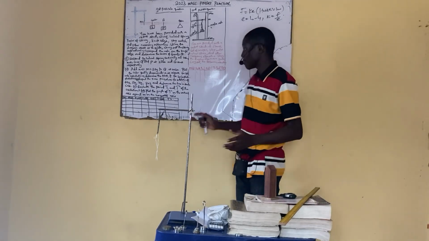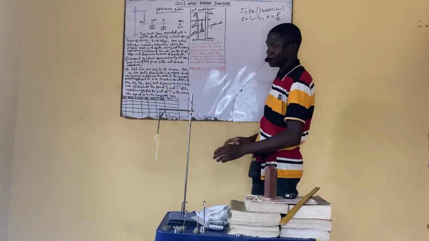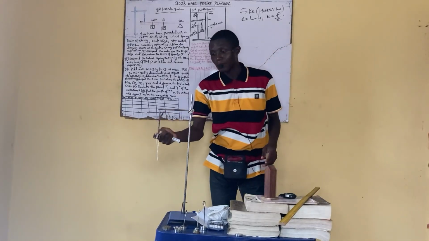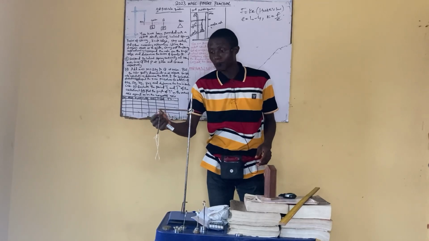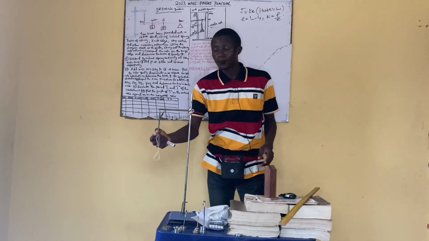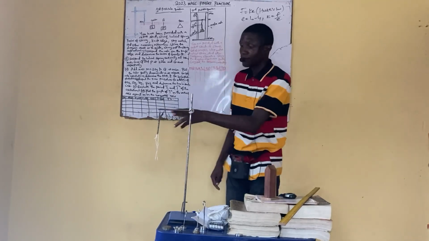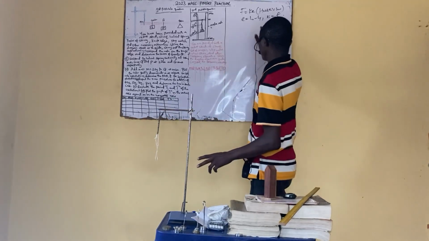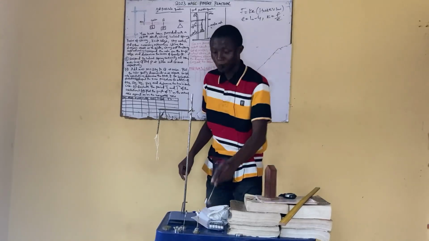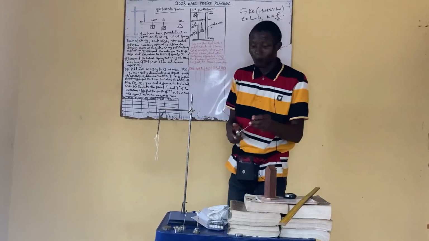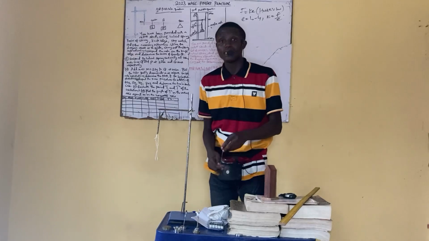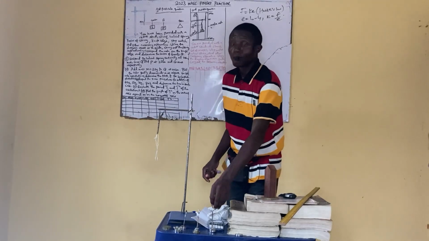Going back to the experiment, it is very, very simple. Measure the initial length of this string before the weight is added to it. That will be the original length. And when you now hang the mass M, which is 50 gram or 100 gram here, what will be the new length of the string?